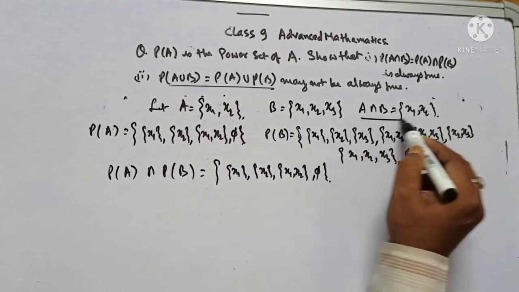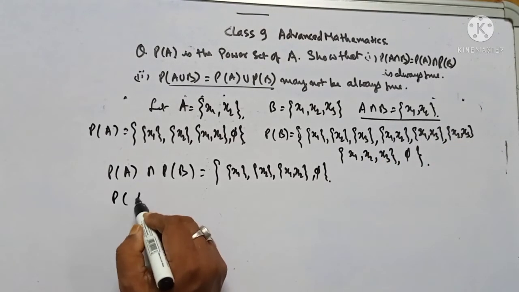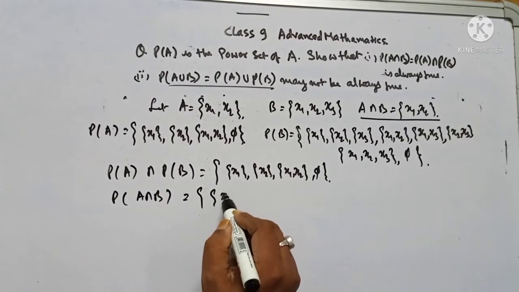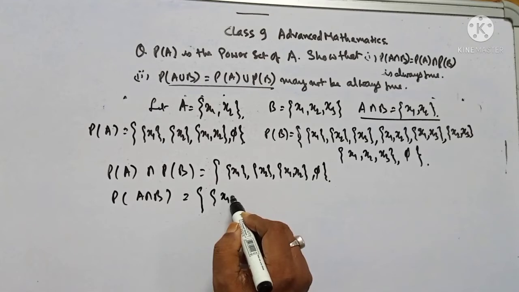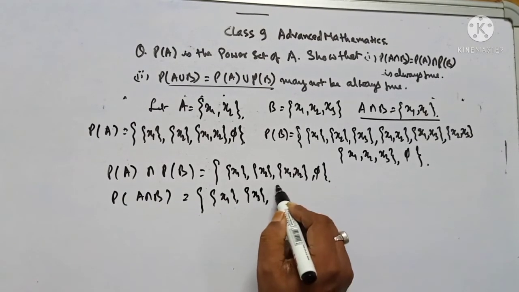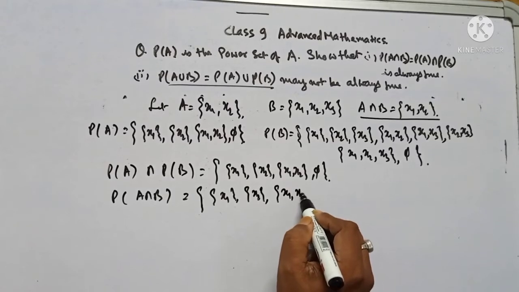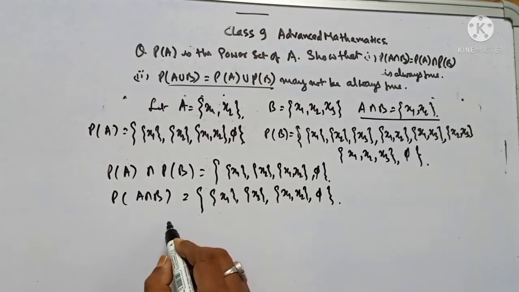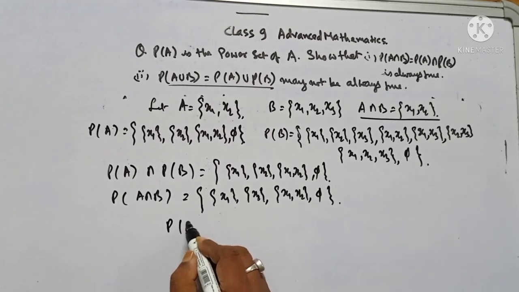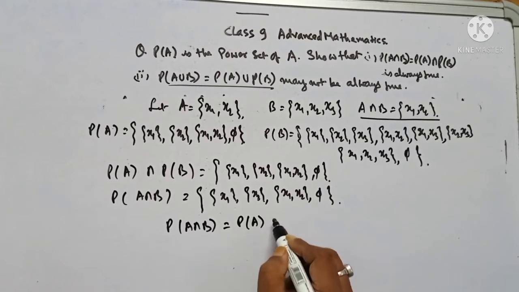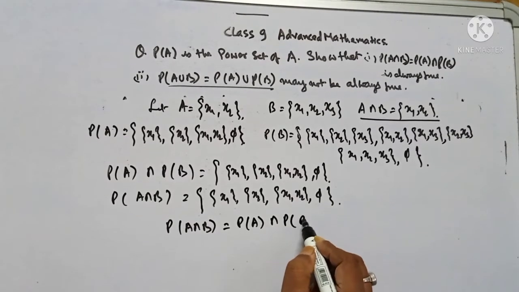Now if we take P(A ∩ B), so your set will be {x1}, {x2}, again {x1, x2} and your phi. So from here we see that P(A ∩ B) is equal to P(A) ∩ P(B).